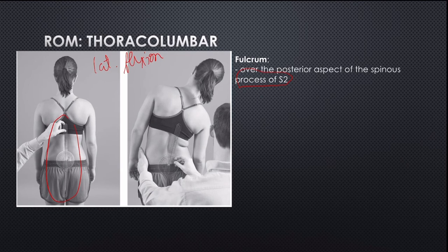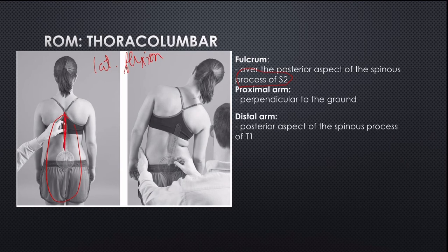Okay, so S2, proximal arm perpendicular to the ground, and distal arm on the posterior aspect of the spinous process of T1. Sorry, this one is the stationary arm or the proximal arm, and this is the distal arm. I was confused.